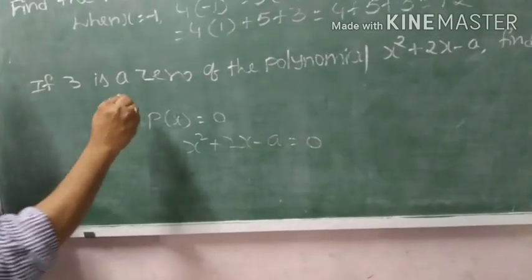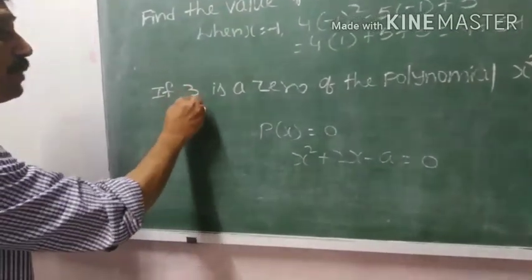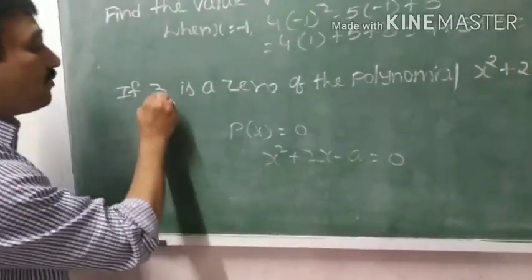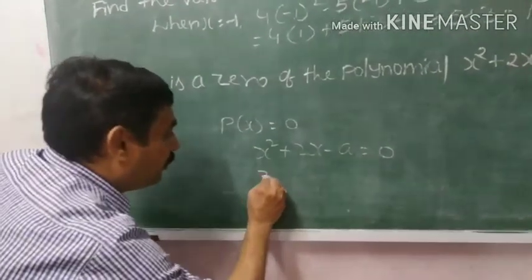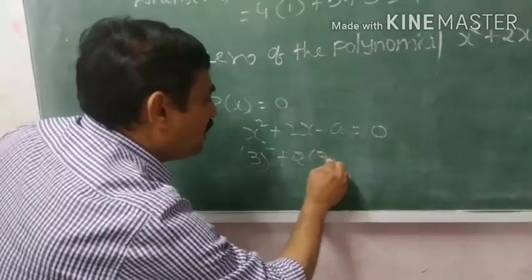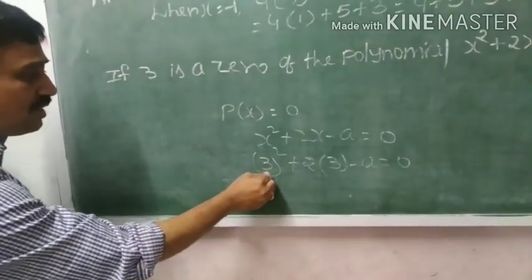That means in place of x, what do we substitute? 3. Why? Because it is in the problem itself: 3 is a zero of the polynomial. So in place of x, we have to substitute 3. 3 square plus 2 into 3 minus a is equal to 0. Here 3 square is nothing but 9.